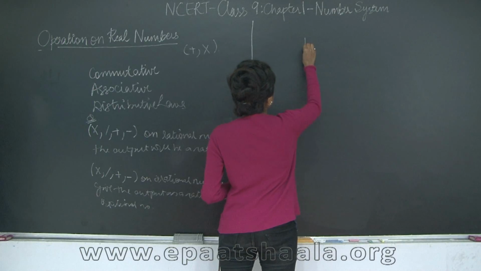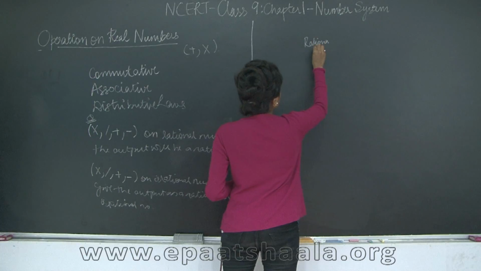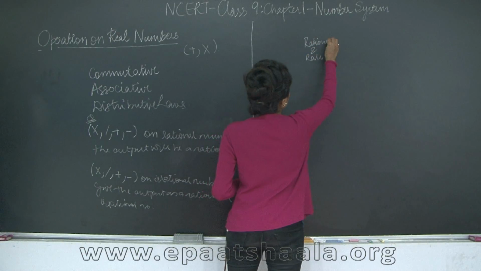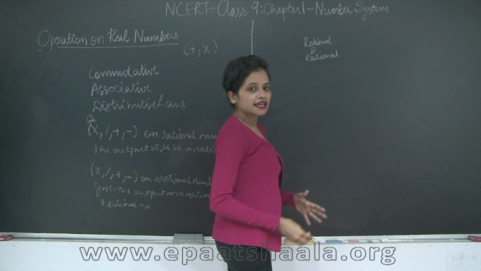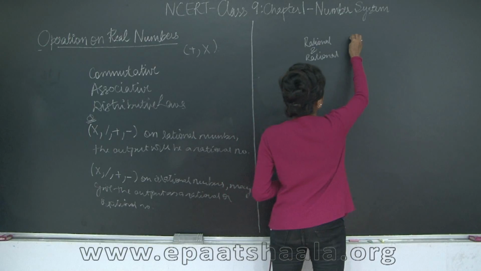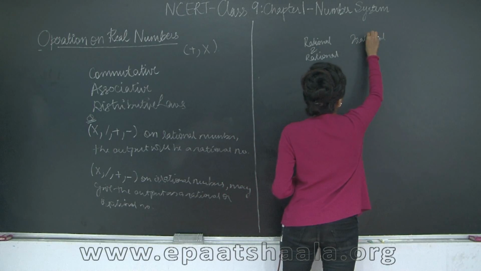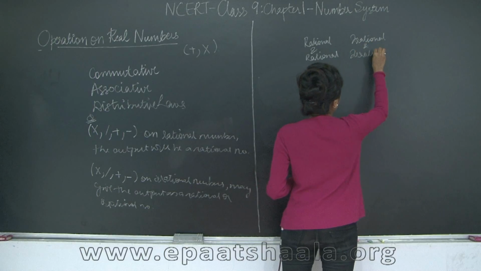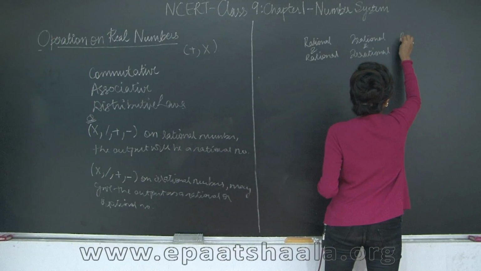I have rational and rational. Then I will take irrational and irrational. And finally, I am going to take rational and irrational.